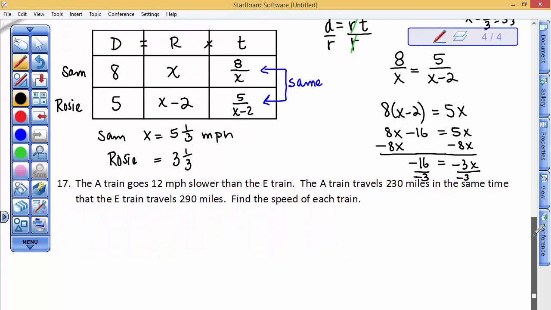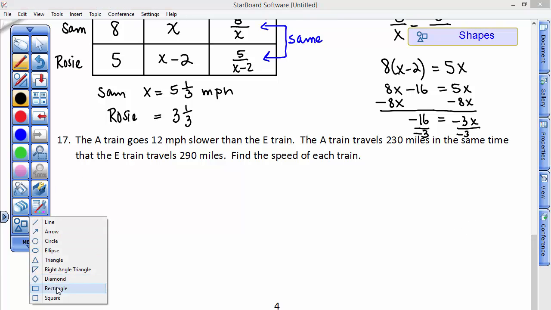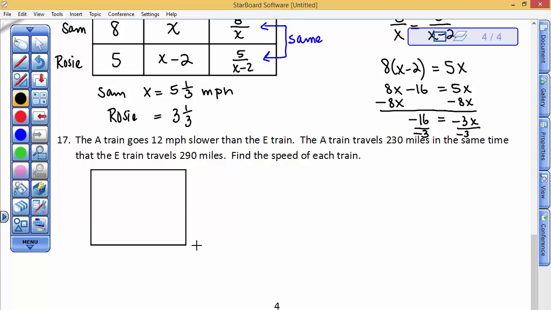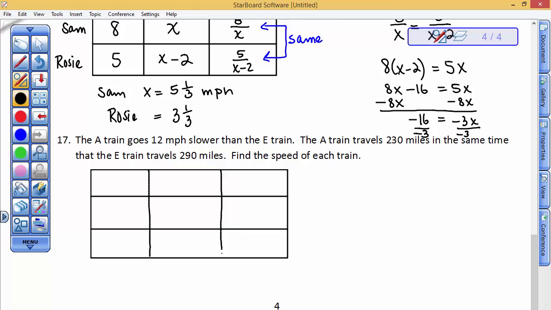All right, let's set one more up. An A train and an E train, and I'm not sure that I'll totally finish this problem. So same scenario. Distance equals rate times time. And then we have an A train and an E train.